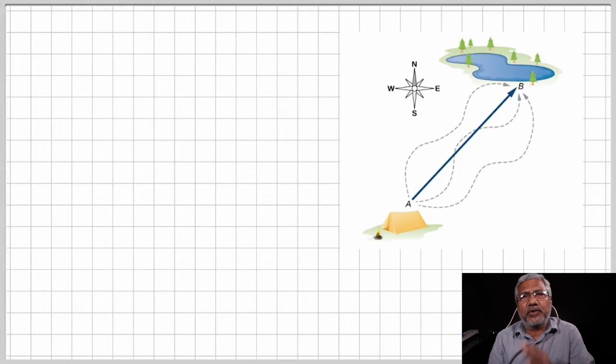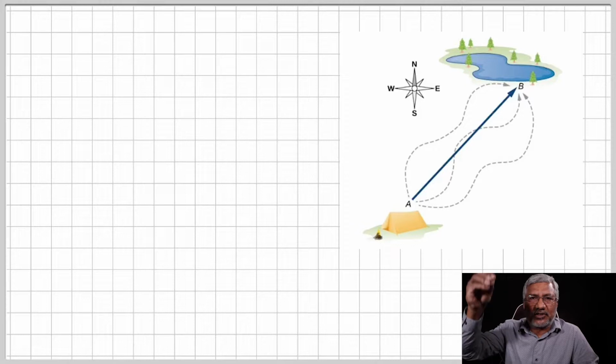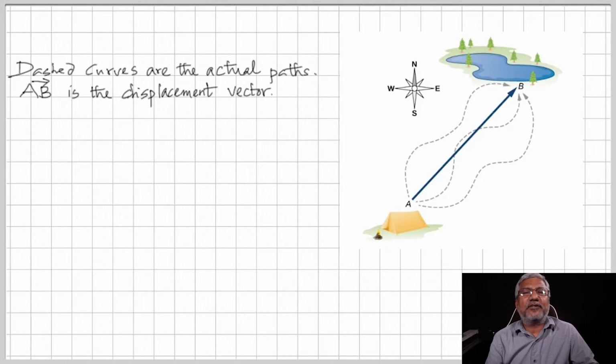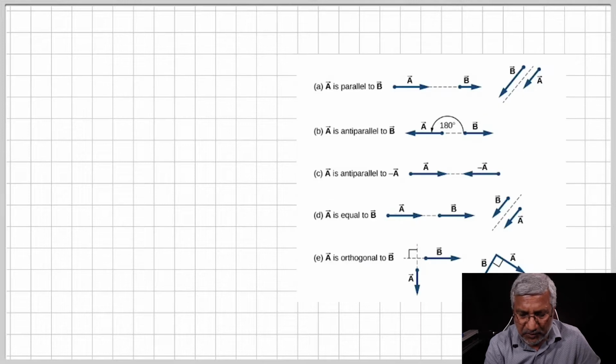And displacement is always the shortest distance from the starting point to the finishing point, which also means that if an object returns to its starting point, like when you throw an object up from the ground and it returns to the ground, its displacement is 0, while the distance traveled is not 0. It depends on how high it went, multiplied by 2. So that then is the difference between distance and displacement.